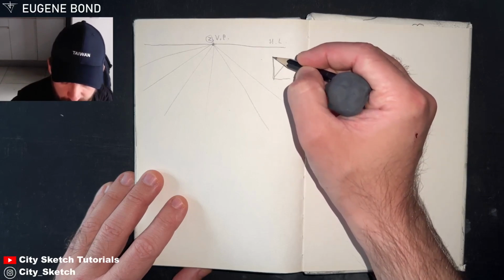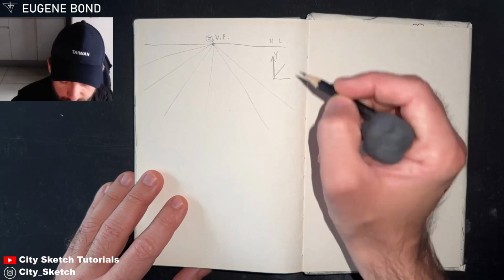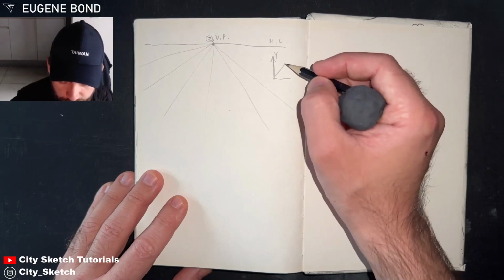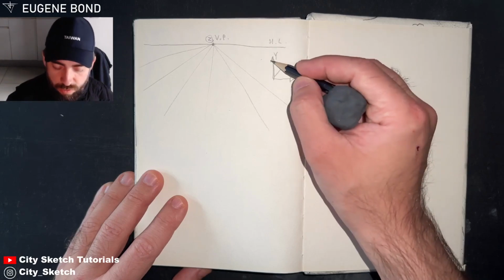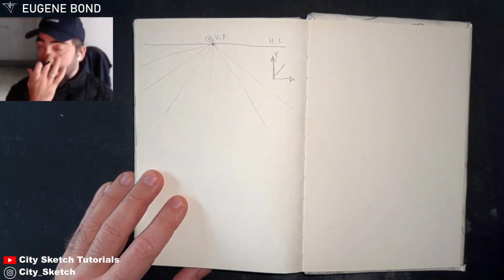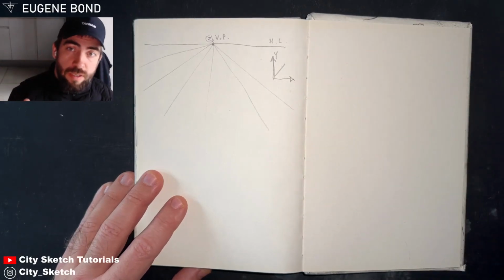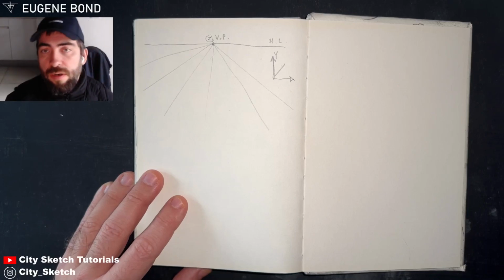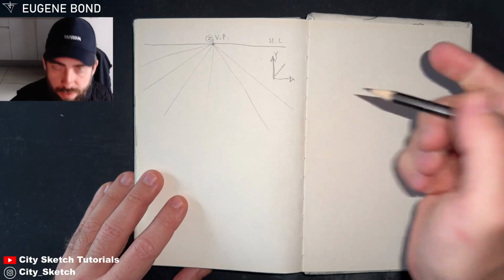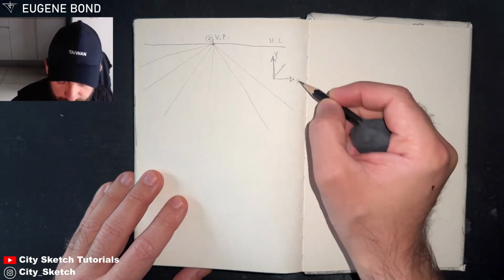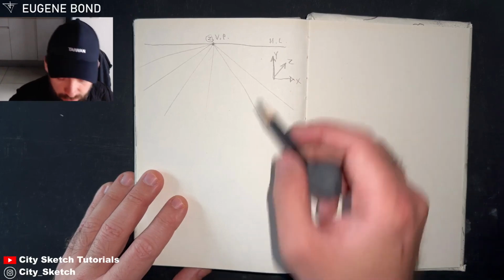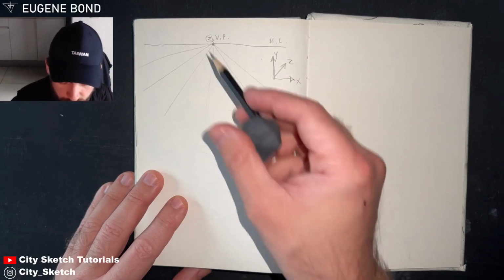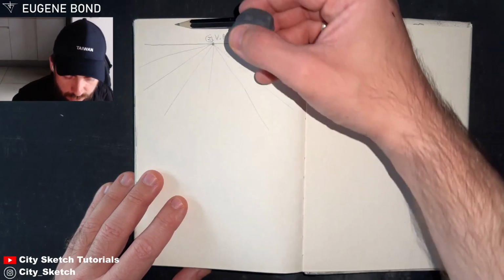One axis is vertical, the y-axis, then the lines which represent depth, going from left to right or from right to left, that's the x-axis, and z is for depth. So this z goes into the vanishing point.